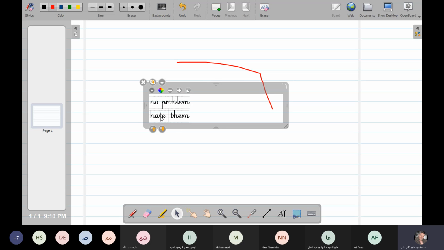We have the "te" and the "the", and when we pronounce these words together, we need to connect them. We say "hate them". We don't need to add any space in pronunciation. We don't separate the words in pronunciation. They are connected.